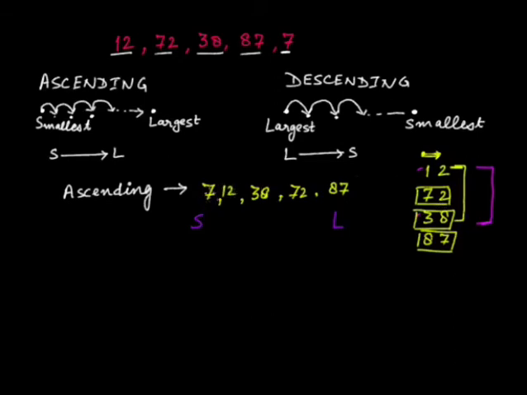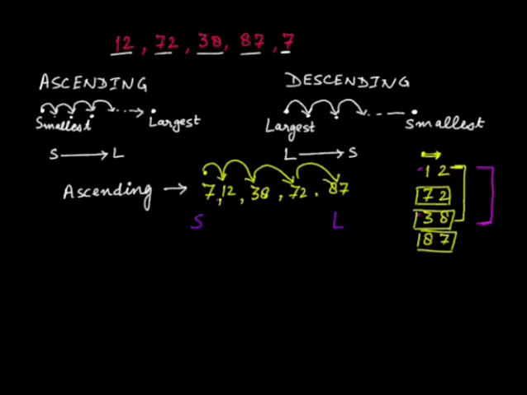So we have 7 as the smallest number. Then we have 12, which is larger than 7, then we have 38, which is larger than 12, then we have 72, which is larger than 38, then we have 87, which was the largest number. The exact reverse of this would be the descending order.